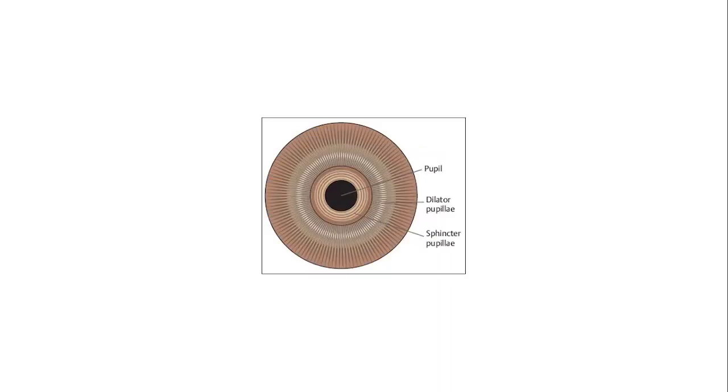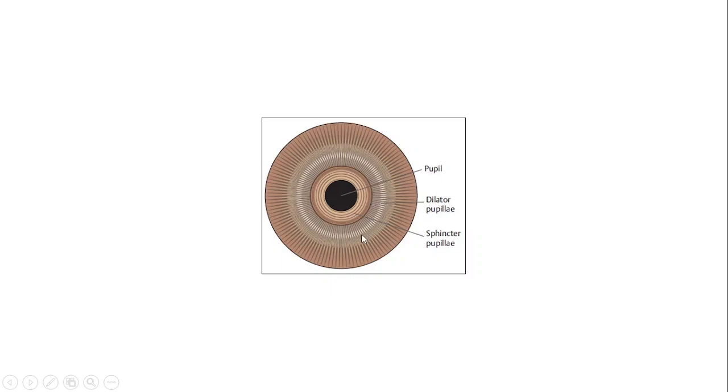Look at this particular picture. Similarly, you see that at the inner portion here, you have the concentrically oriented sphincter pupillae muscles, which, when they contract, reduce the aperture of the pupil and constrict the pupil. On the other hand, you have more peripheral muscle, which is thrown into radial folds, known as what?